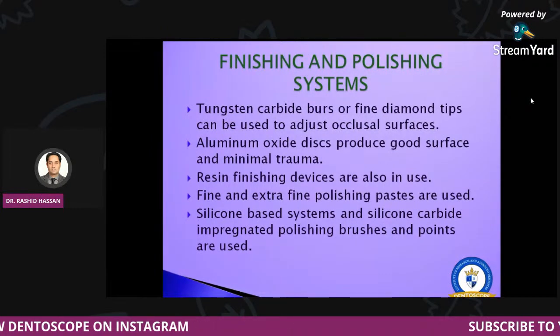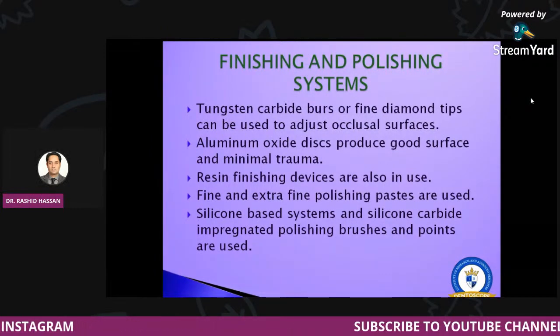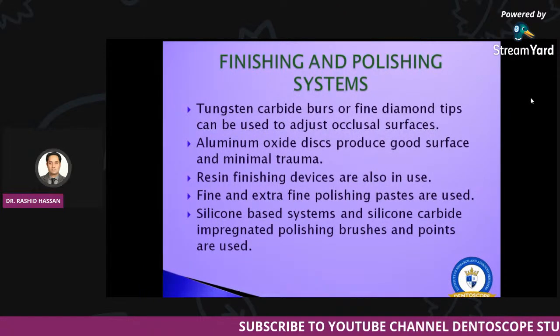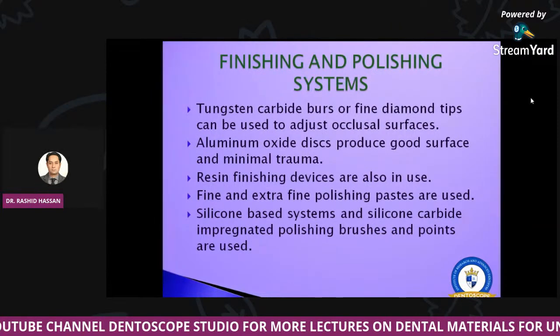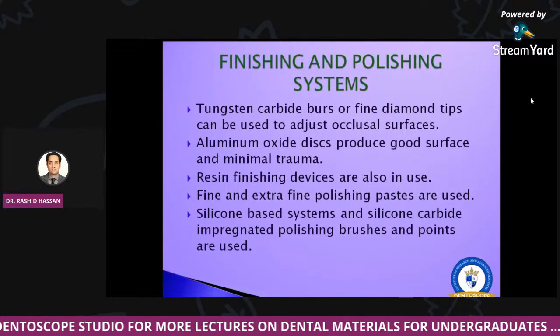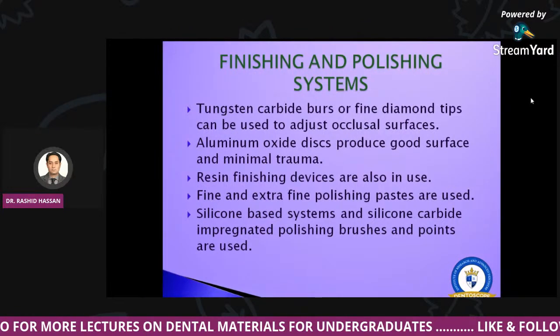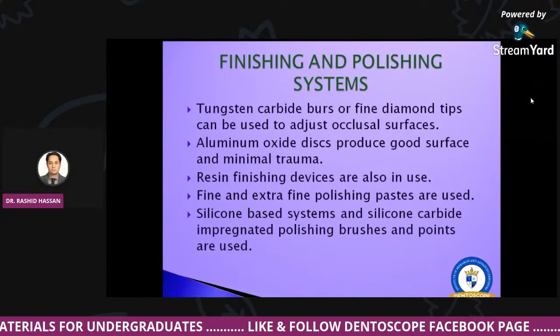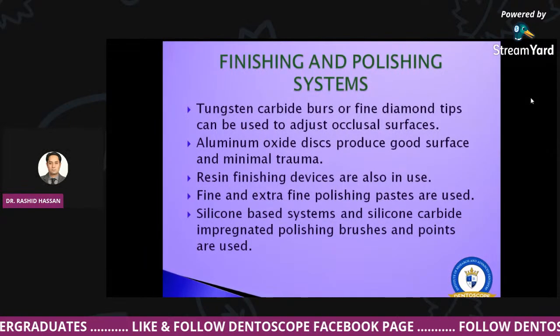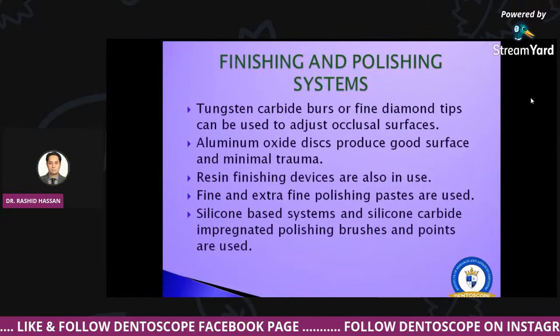Fine or extra fine polishing paste. These pastes are the most commonly used. Once you do the finishing, you just paint this fine polishing paste onto your restoration, and then you use the buffing bur to polish it, because in the end we need a polished surface.